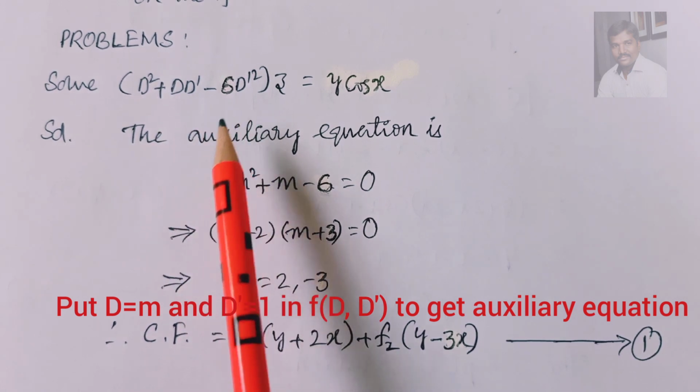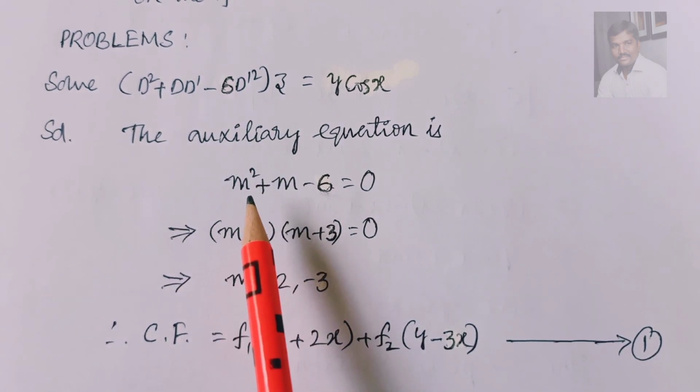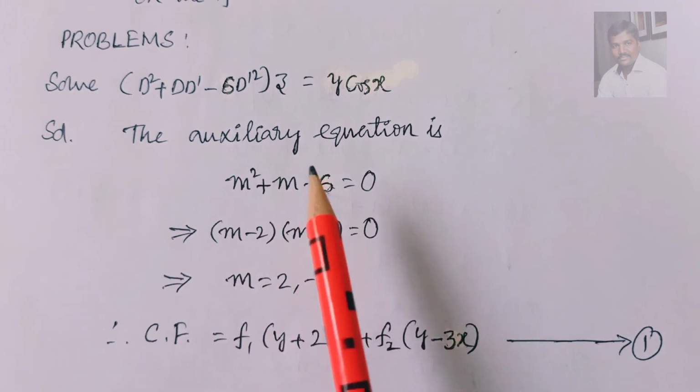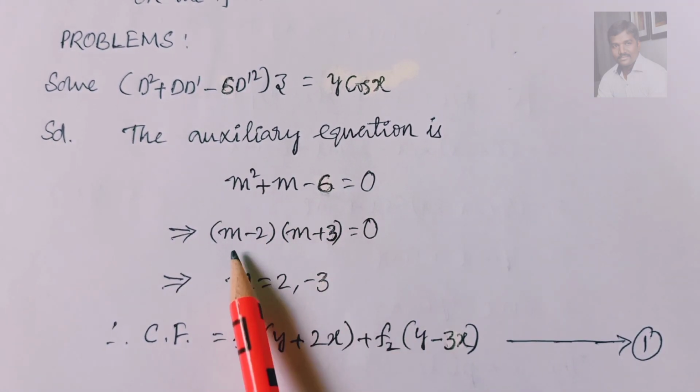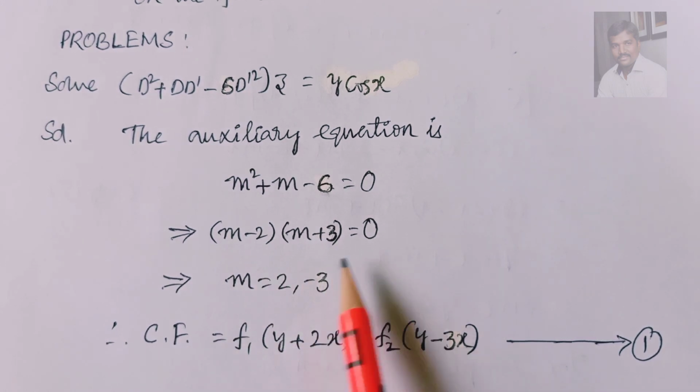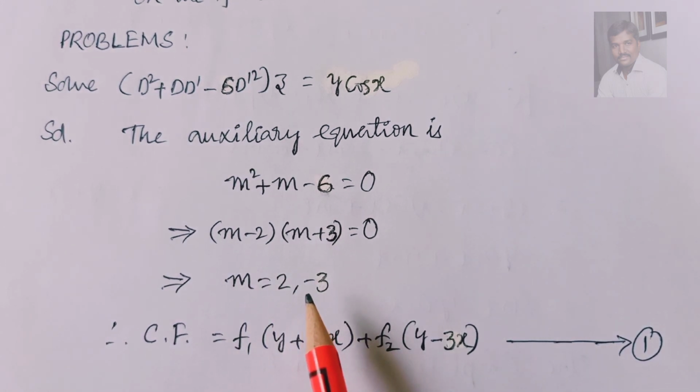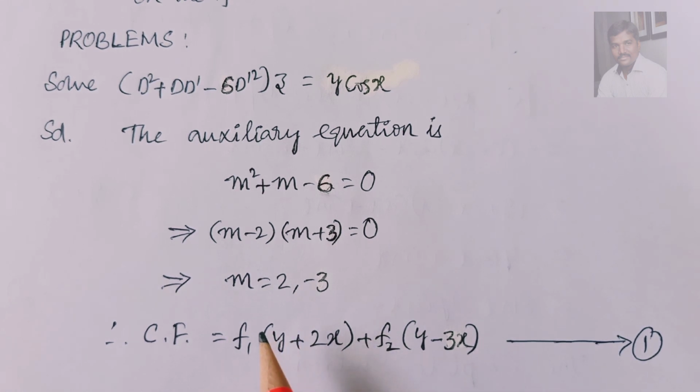There you will get the quadratic equation m² + m − 6 = 0. Now this can be written as factors (m − 2)(m + 3) = 0. Therefore the roots are 2, −3. Since the roots are real and distinct, the complementary function is f1(y + 2x) + f2(y − 3x). Let this be equation number 1, the complementary function.